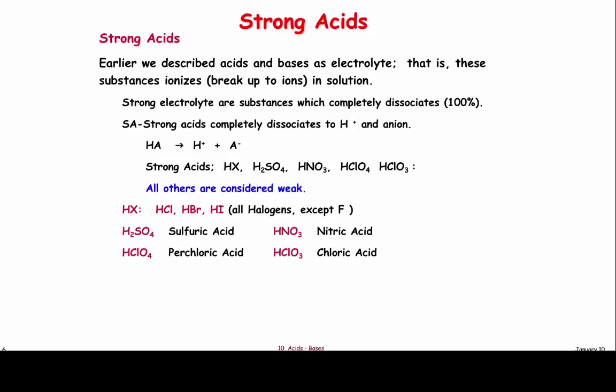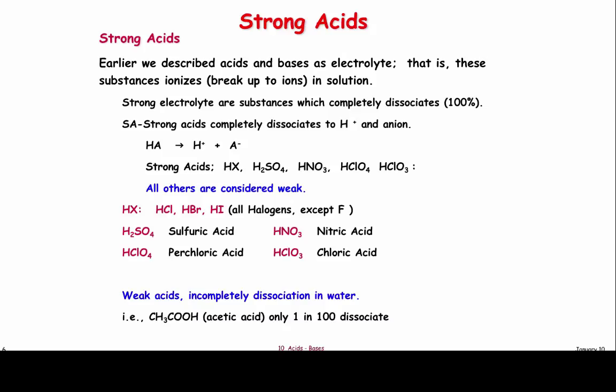All other acids you can consider weak. Weak acids are chemicals like acetic acid shown here, that if you put it in water, it doesn't release its hydrogen 100% of the time. In fact, for acetic acid, it only dissociates 1% of the time. 1 in 100 breaks up into its ions.